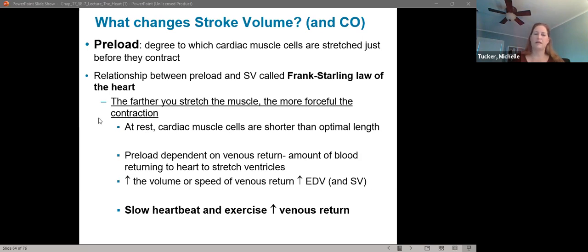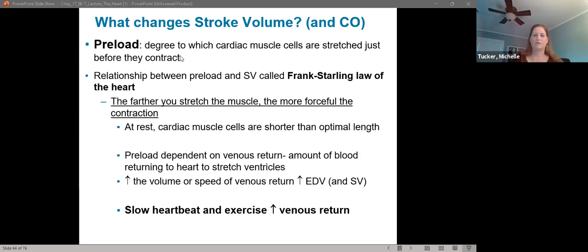So the difference between skeletal muscle and cardiac muscle is that at rest, cardiac muscles are shorter than optimal, and that allows for a reserve in the number of cross bridges that can be formed.